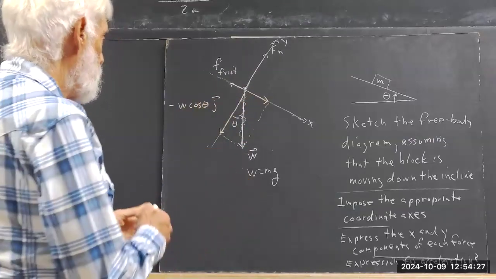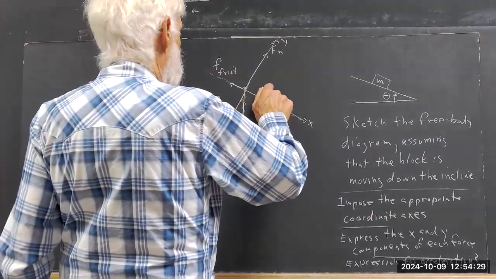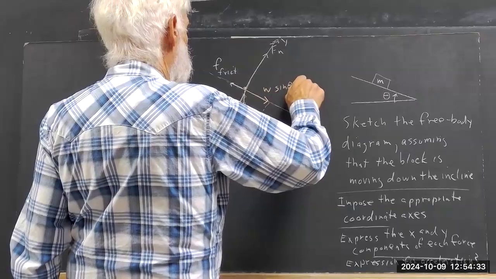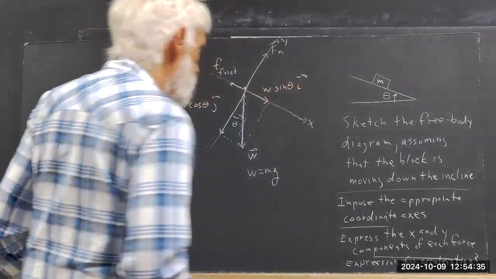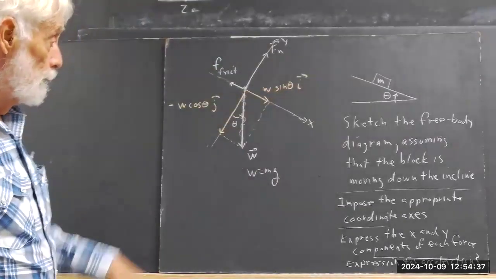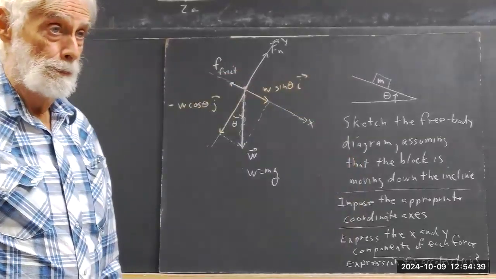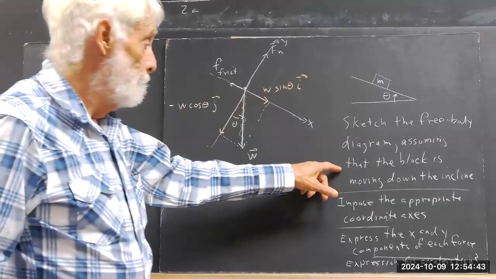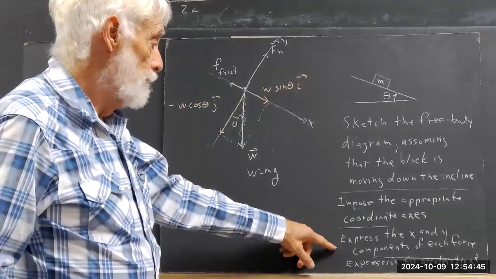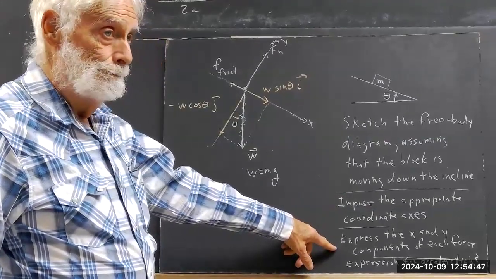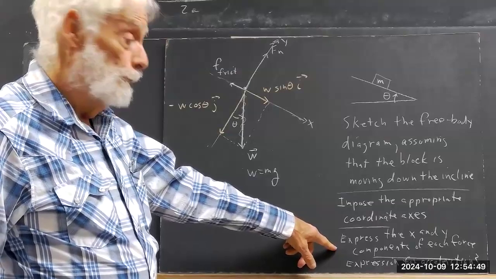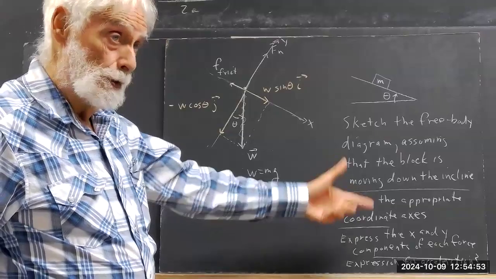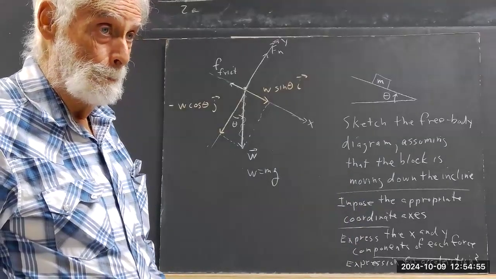Hypotenuse is your W. Here you've got W sine theta, and it's times your I vector because it's along the x-axis. Well, there you've got all your vectors expressed in terms of their components, X and Y components, or I and J components.